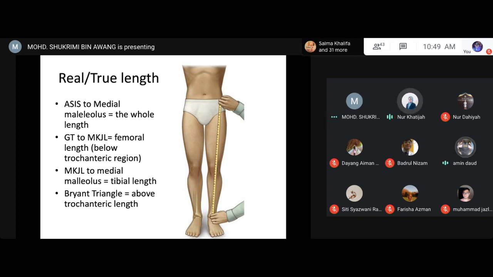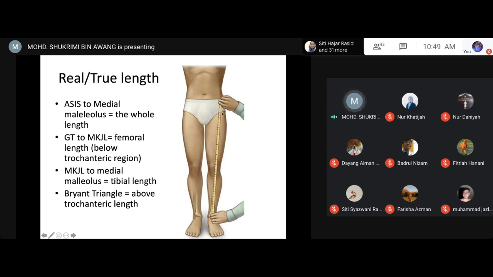If anatomical axis... No, it's not talking about axis here. We're talking about measurement. If you measure from the medial malleolus to the lateral malleolus, and from the lateral malleolus to the lateral joint line, it is much easier, right?